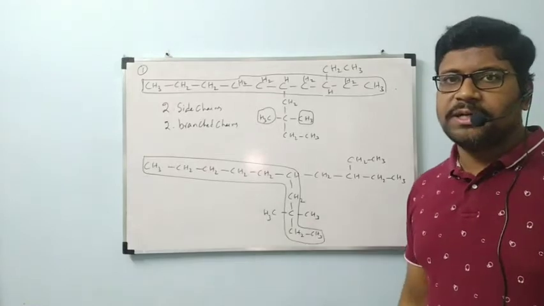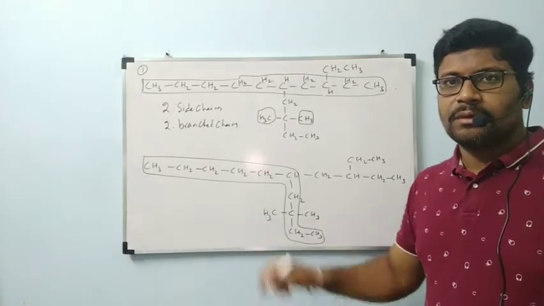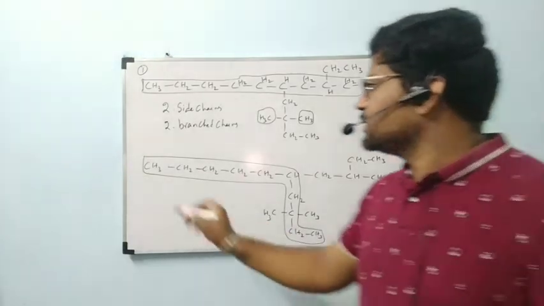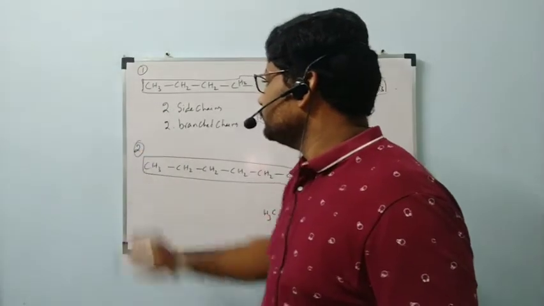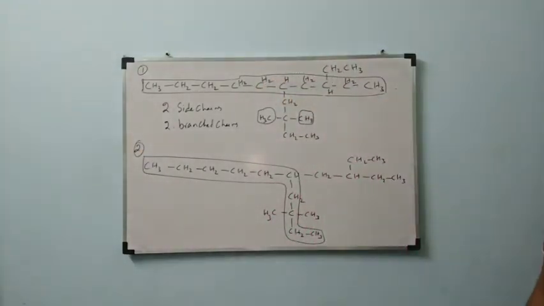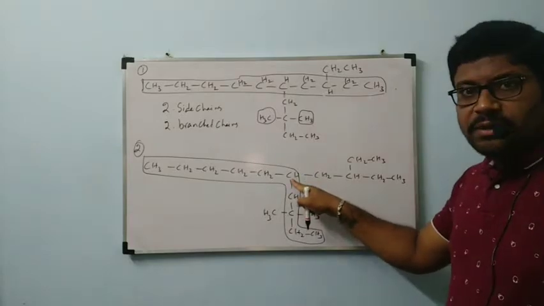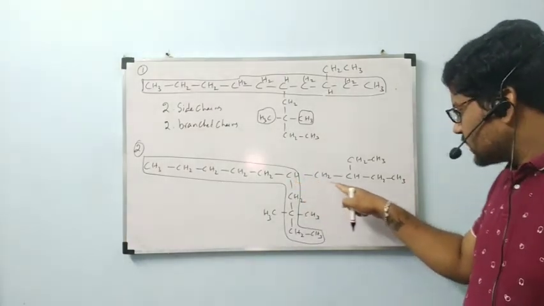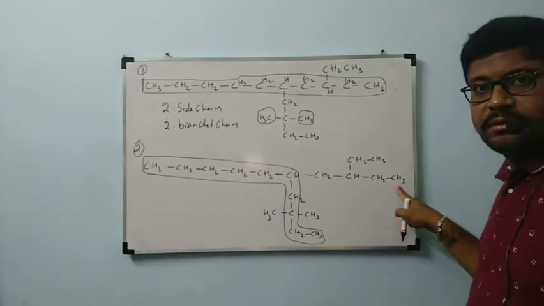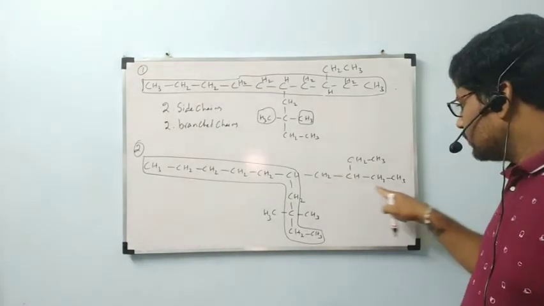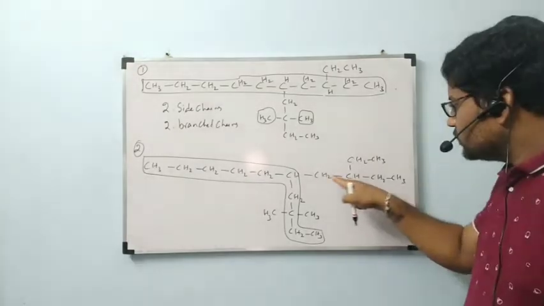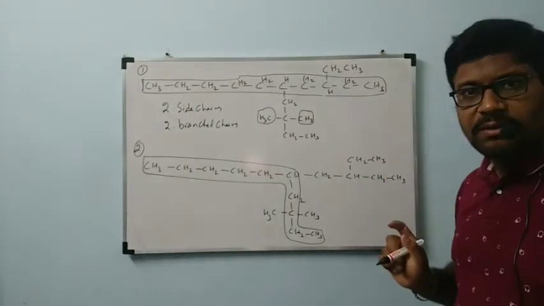Coming to this possibility, observe carefully. This is the second possibility. Now this is parent chain carbon only. This straight chain is there, no? Or this one, anything you can take, no problem.